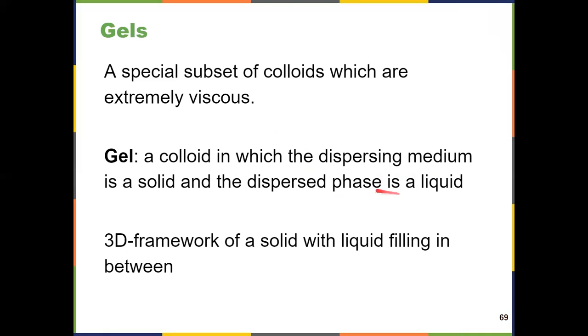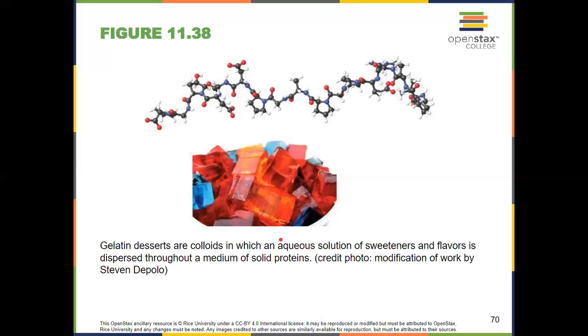Thinking about the dispersed phase, that's the equivalent to a solute being a liquid, and the dispersing medium being equivalent to the solvent is a solid. Kind of weird to think about. So it's kind of like a liquid dissolved in a solid. But more specifically, it's a 3D framework being solid, and liquid filling the holes in between. And there's an example of what one of those frameworks would look like with liquid in between.